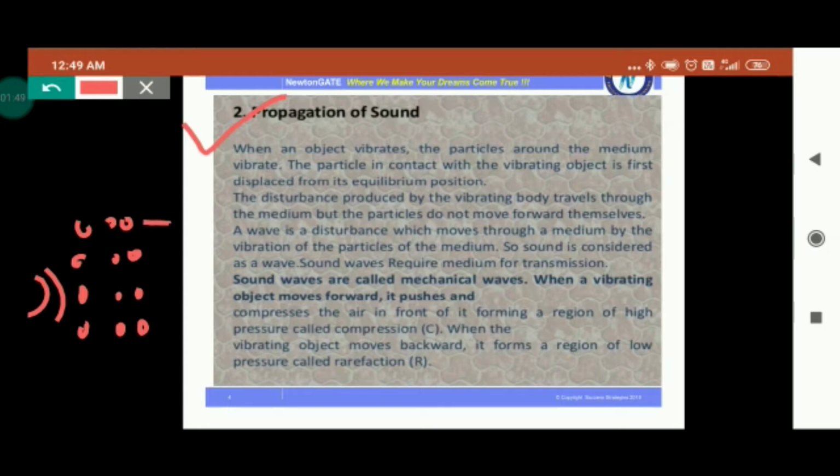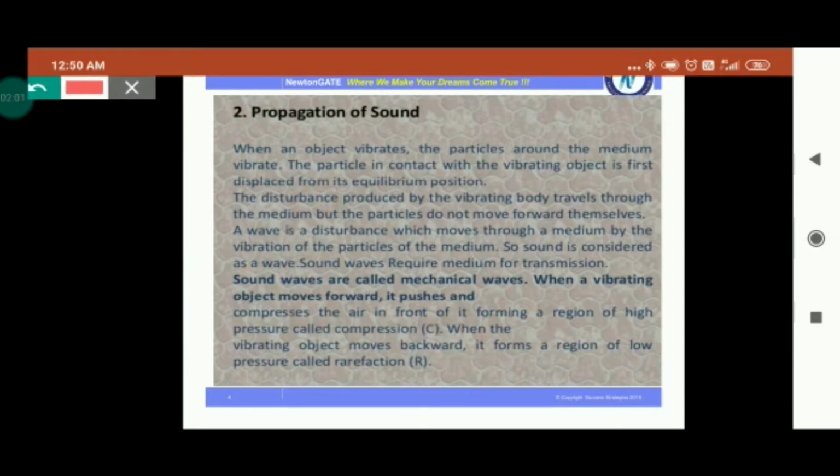Then this molecule passes on the vibration to the next molecules. In this way, it reaches our ear, that is the human ear. So whenever this vibration disturbs the air molecules, it goes into our ear and hence we are able to hear the sound.